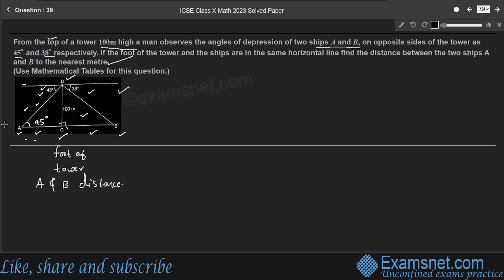Therefore, the angle of depression 45° is equal to angle A. The reason is alternate angles. Now consider triangle ACD. We need the value of AC.